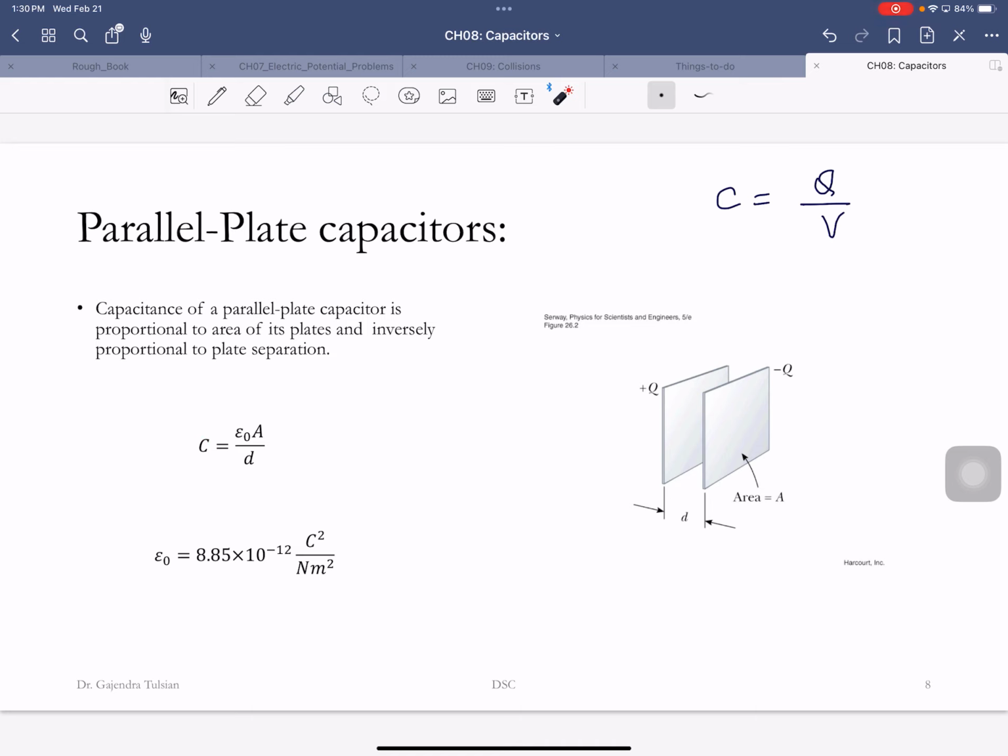So how could you increase the capacitance? By increasing the area of the plate or decreasing the separation between them. So you can do that, so we'll see how to do this. Epsilon naught is called the permittivity of free space.